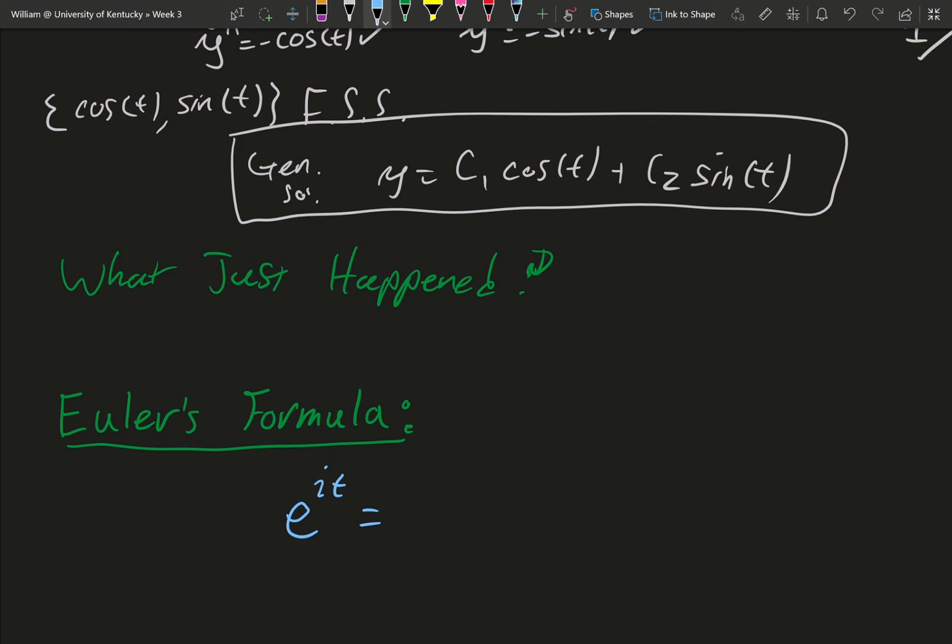It's the right definition, I guess. Because of course we have to even say what it means to get this. And it says that e to the it is cosine of t plus i sine of t.